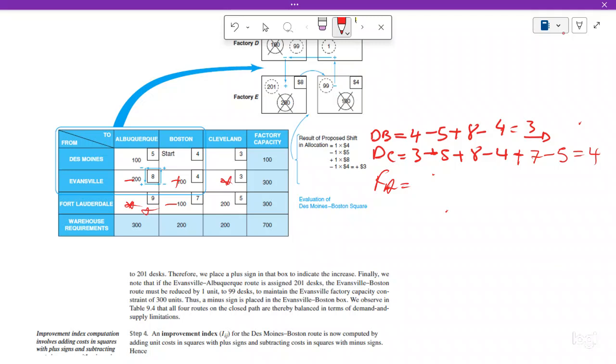So FA, so that is 9 minus 7 plus 4 minus 8. This is what we are looking for.